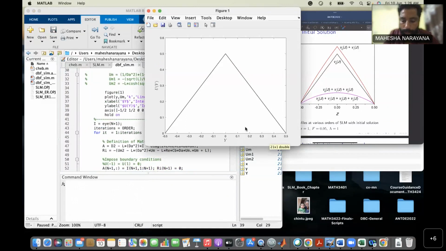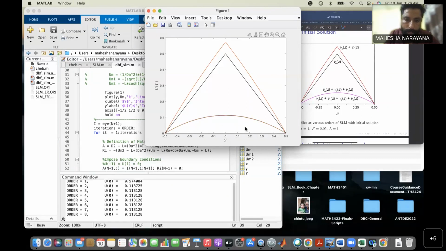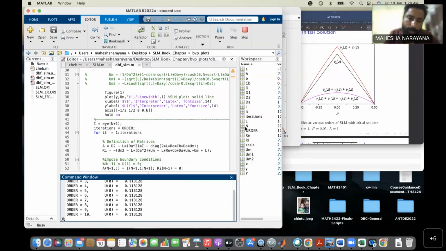Then the first correction, and that's the second correction, the purple one. Thereafter, you'll see that the curve has been changing color, but it stays there. That means the convergence has been achieved at the third iteration itself. So even with a non-smooth, bad initial guess, you could see that it converges.